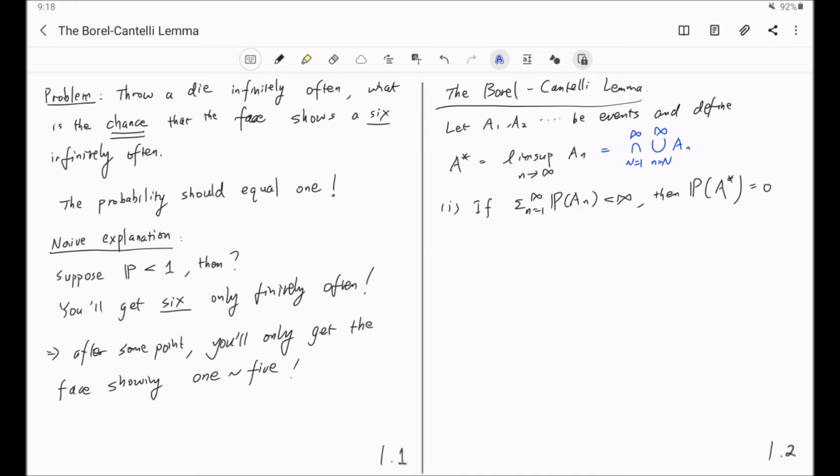Remember, the meaning of A star in probability theory means that those sequence of events will happen infinitely often.